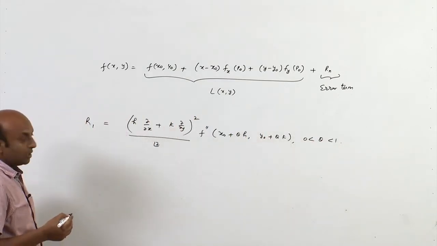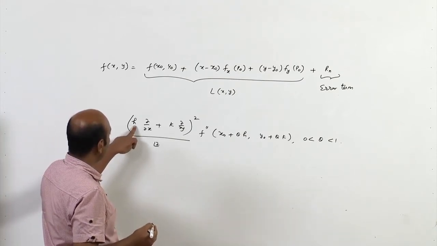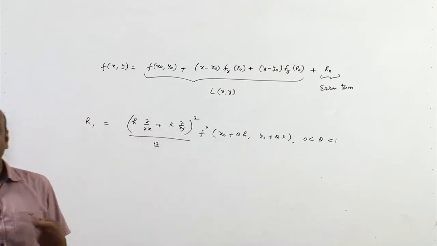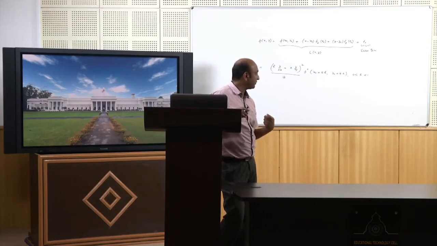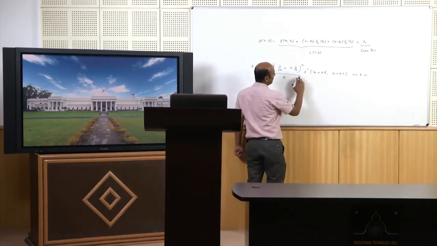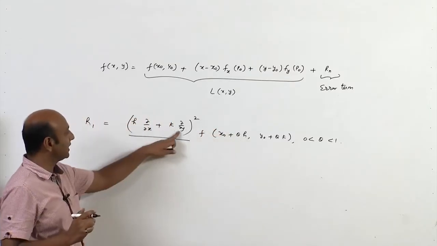Now, you simply expand this and replace h by x minus x naught and k by y minus y naught. So, what you will obtain? Oh sorry, this derivative will not be here because it is included here.